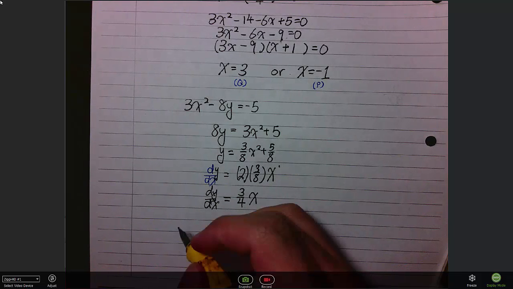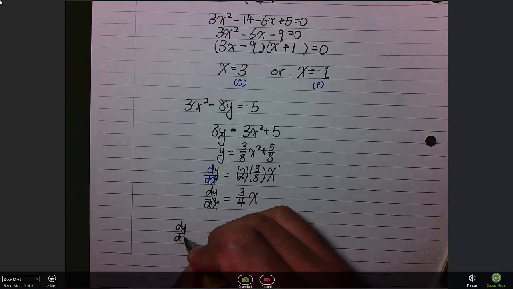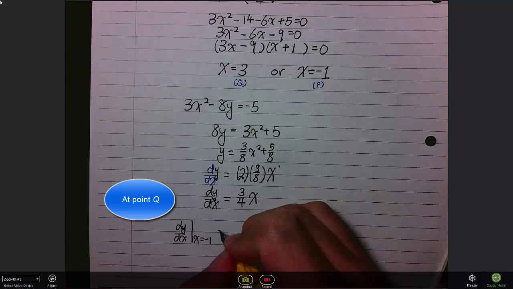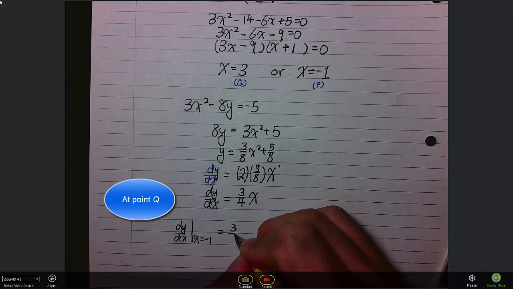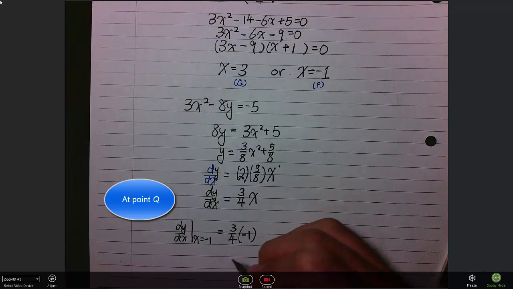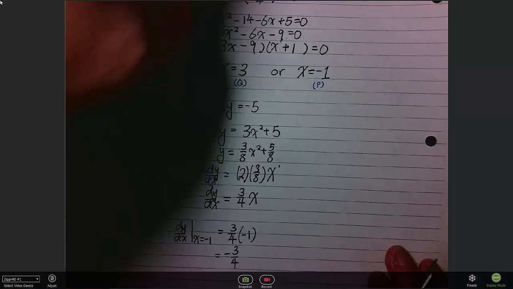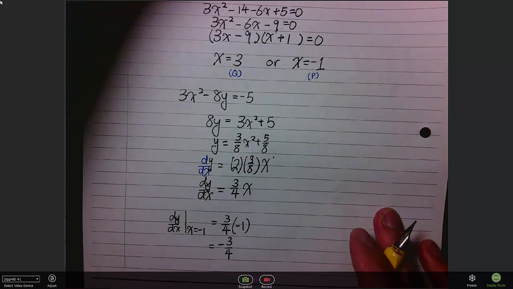Then at P, my x value was equal to negative 1. So I will get 3/4 times negative 1. The gradient is negative 3/4, just like what we saw in the Graphmatica just now.